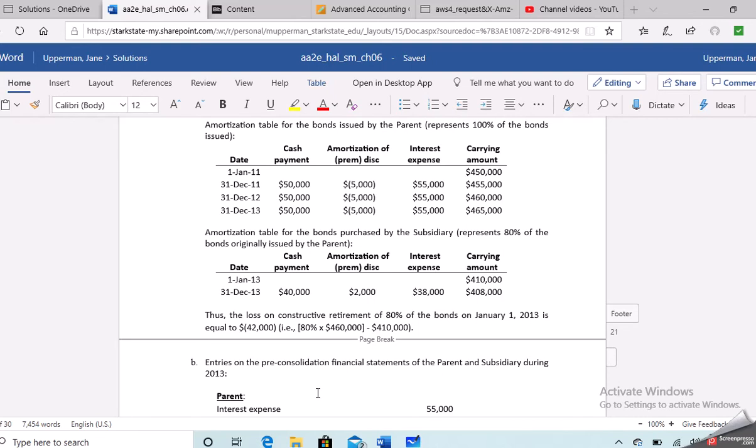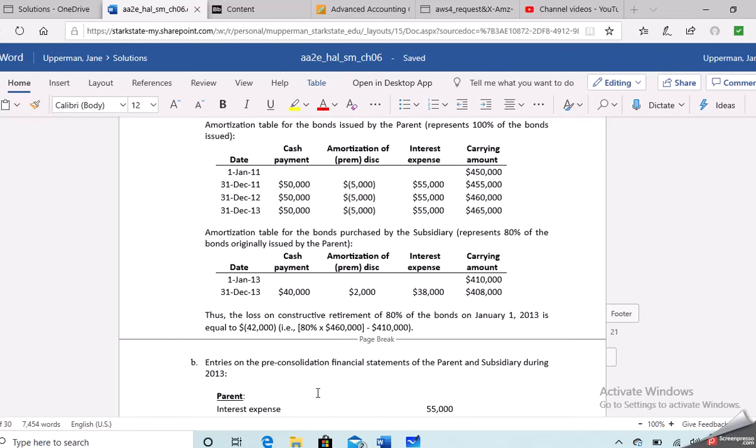Then on January 31st, 2012, 2 years later, the sub purchased 80% of those bonds for $410,000. So at a little bit of a premium. The parent issued them at a discount, and now the sub is buying them back at a premium.